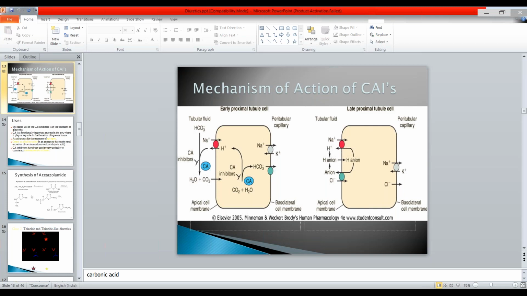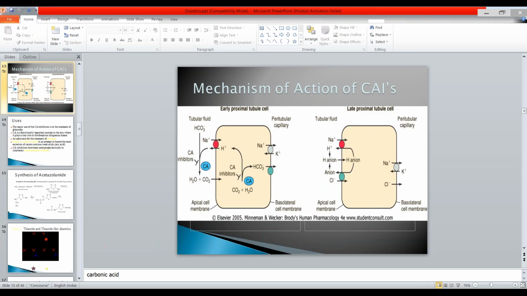Okay, so the overall summary of carbonic anhydrase inhibitors is they are natriuretic, that is they cause loss of sodium, kaliuretic, and bicarbonatriuretic.